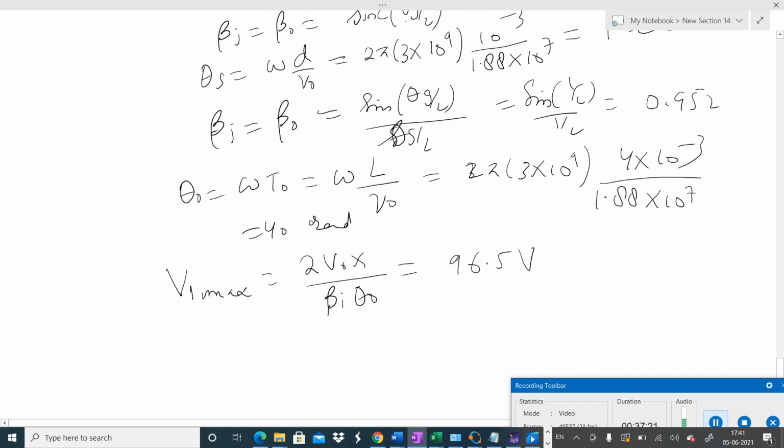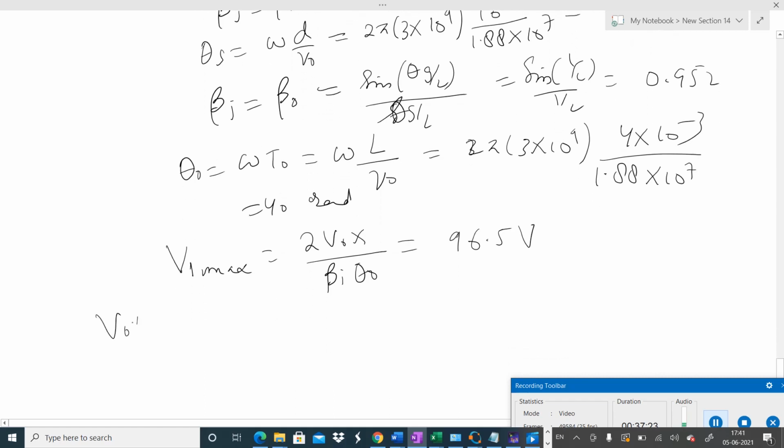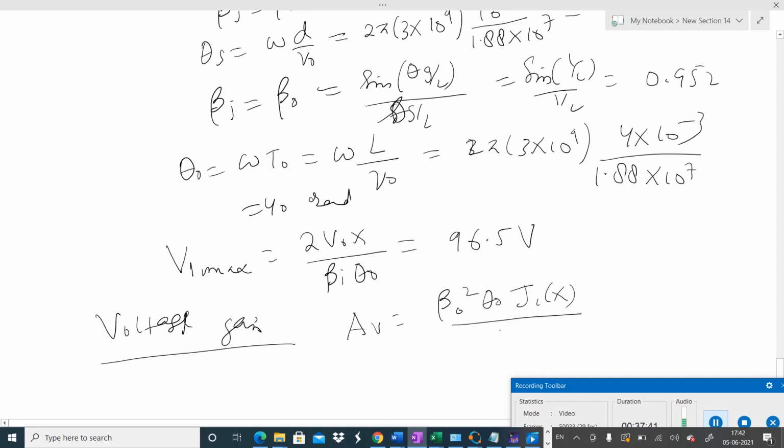Now we can also find the voltage gain, A V. If you recall, we just derived it: it is beta naught square theta naught J1 of x divided by R naught x R SH. It is quite straightforward because everything is known.